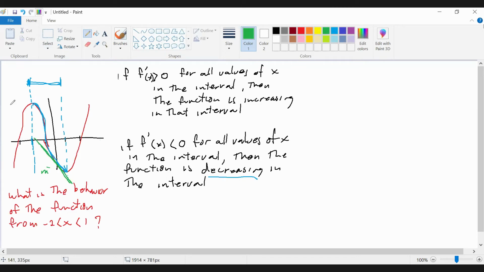The gradient of this tangent is positive because it's going up to the right, so if it is greater than zero, then it is increasing. You get the idea behind your first derivative test? Yes, teacher. I am just trying to tie this with the previous lessons that we have learned before. This is not entirely different.